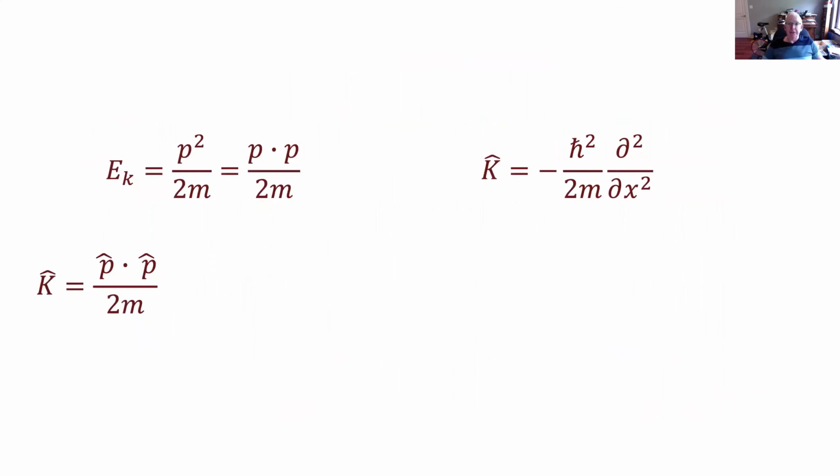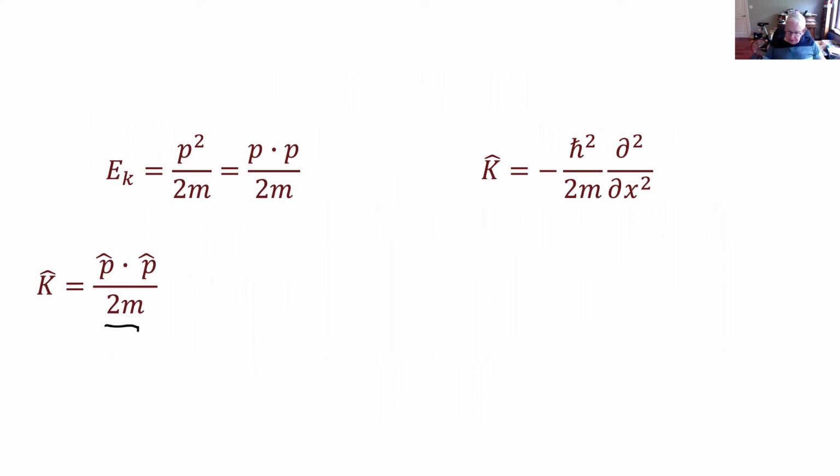If I do this, those are the things that I know, right? And so I want to take my operator and look at how this actually plays out. Looking at this piece, I have the 2m down here, right?